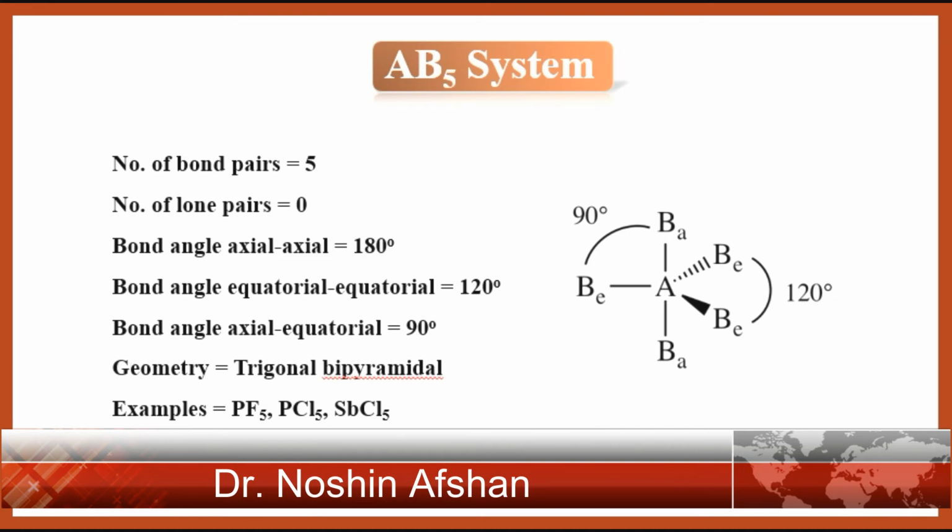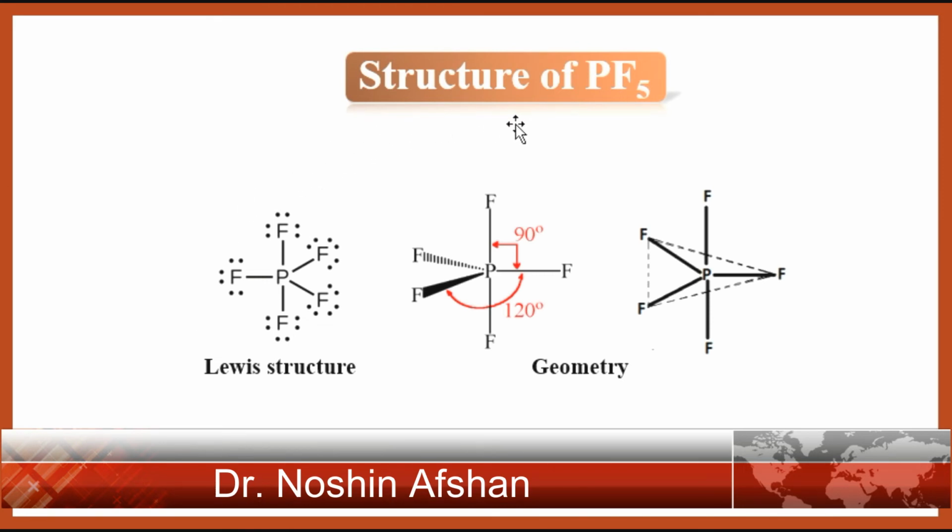Hence, the geometries or structures of the examples, that is, phosphorus pentafluoride, have been shown over here. The Lewis structure has been shown with the help of dots, where the valence electrons of every fluorine atom have been shown in the form of dots, and the bond pairs between fluorine and phosphorus have been shown by putting a small line. And here, the geometry of phosphorus pentachloride shows the values of the bond angles and their alignment.